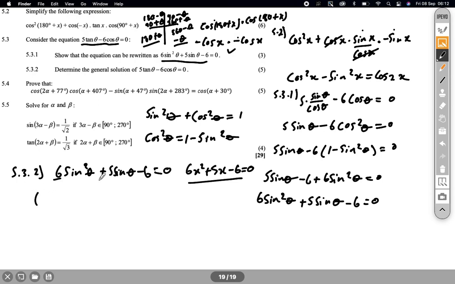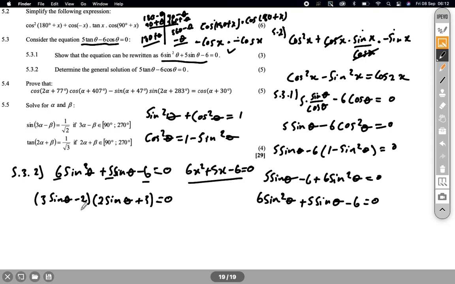This is your a, this is your b, and this is your c. Okay, now this side we're going to have (3 sine theta minus 2) and another bracket (2 sine theta plus 3) all equals 0.